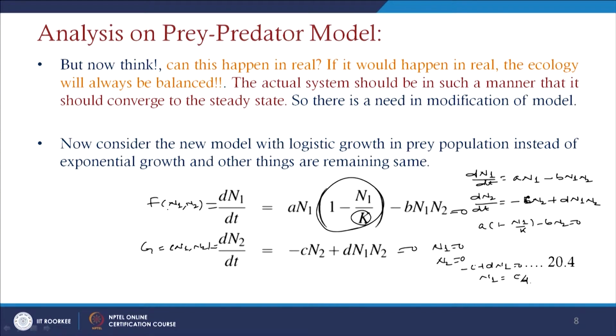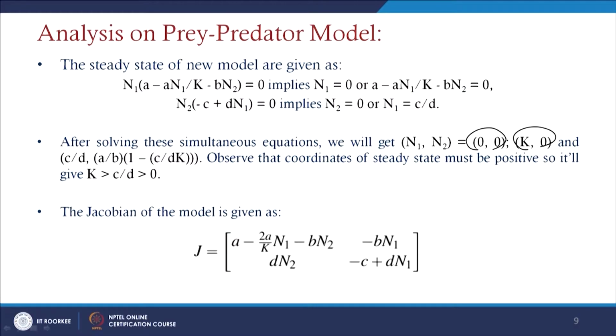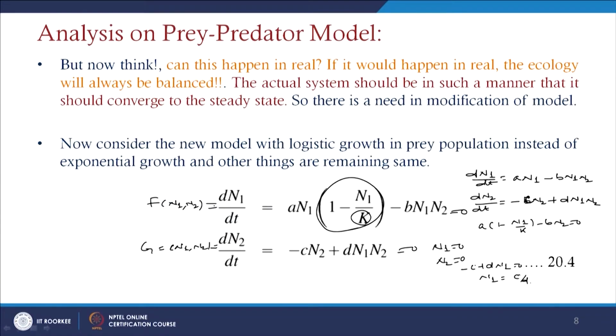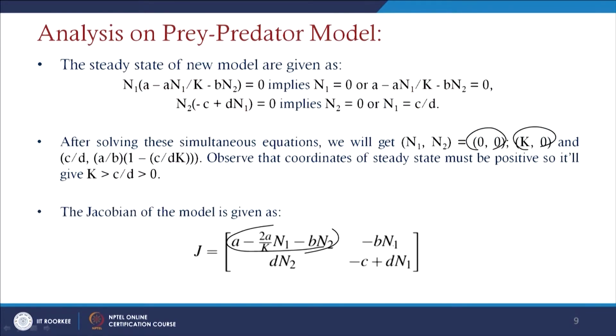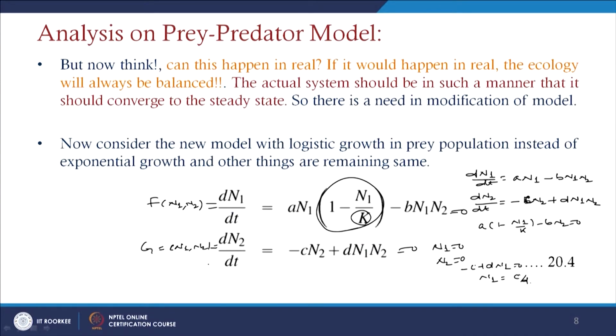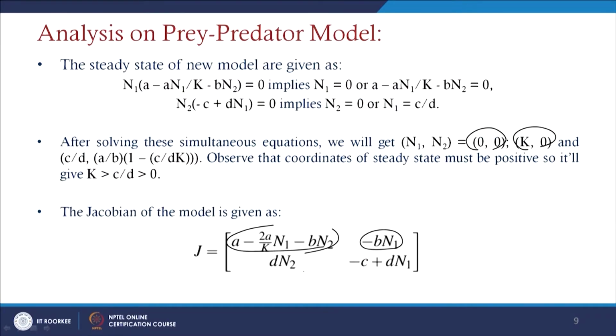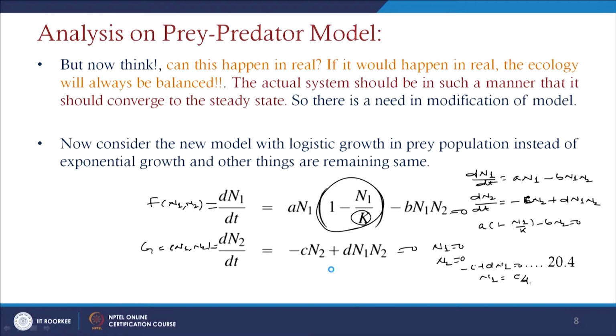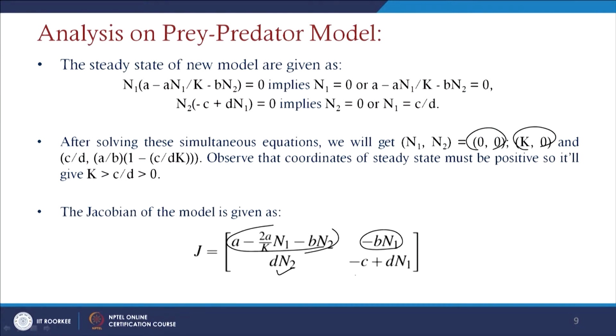If I differentiate f with respect to n1, that provides this term, and differentiating f with respect to n2 provides this term. Differentiating g with respect to n1 gives the term d n2, and differentiating g with respect to n2 gives the term minus c plus d n1.